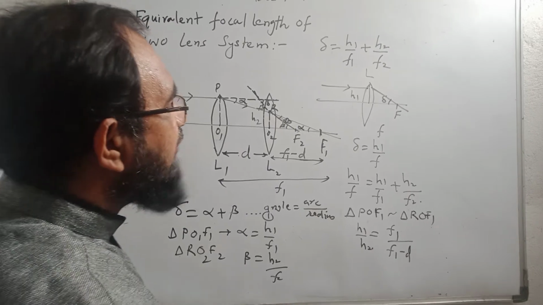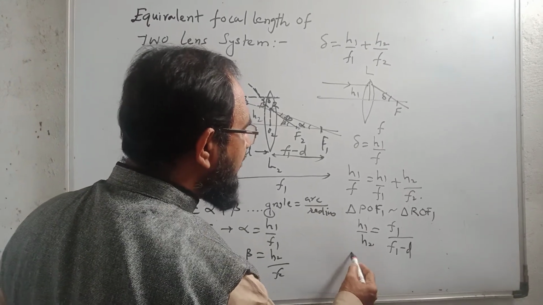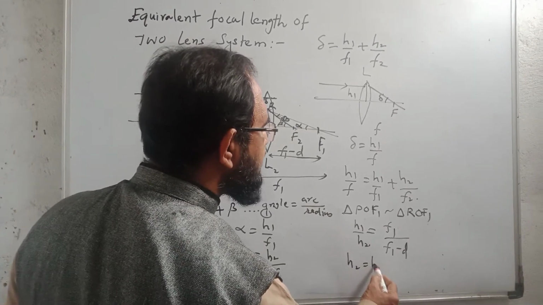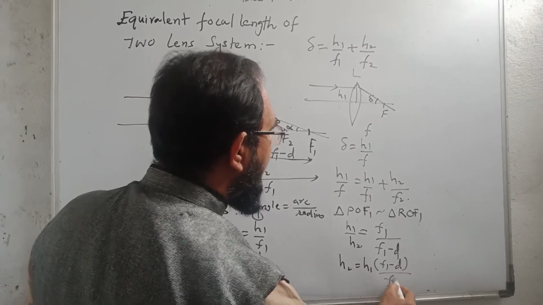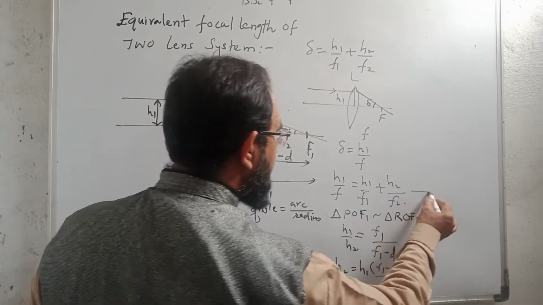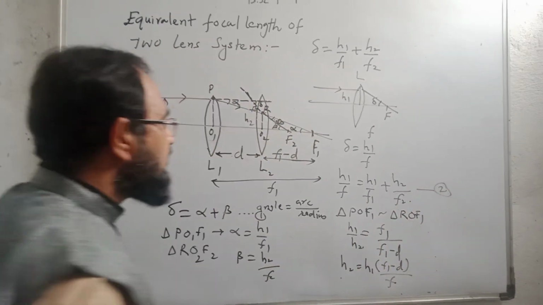I find the value of H2 as H1 into F1 minus d upon F1, and put this value of H2 in equation number 2.